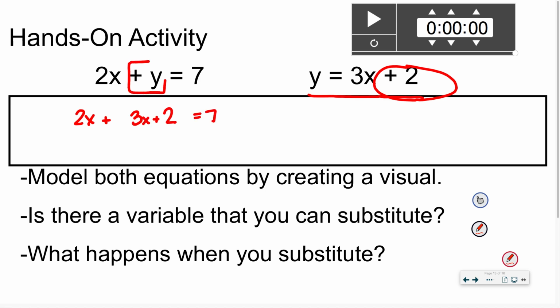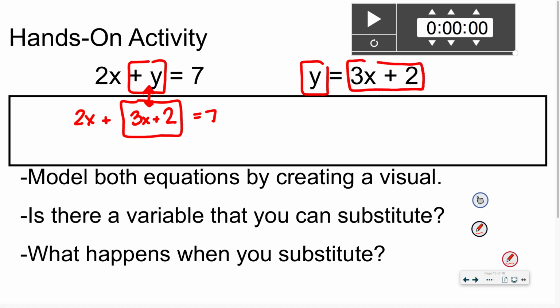I didn't change the value in any way. I just rewrote this equation that has 2 variables to be represented with only 1 variable.